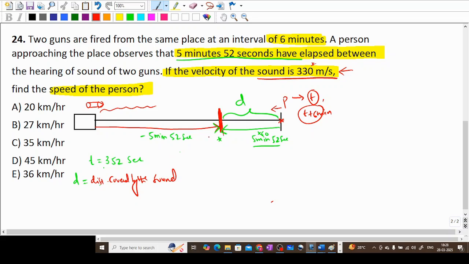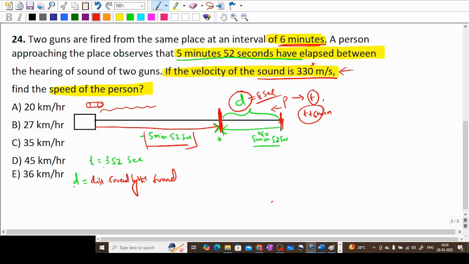What is the time taken by the sound to cover this remaining distance? If the person is static, the sound can reach this person in 6 minutes. But till now only 5 minutes 52 seconds is done. So how many more seconds does it need to reach the person? 8 seconds, because 5 minutes 52 seconds and 8 seconds is 6 minutes. So sound needs 8 seconds to reach that person.